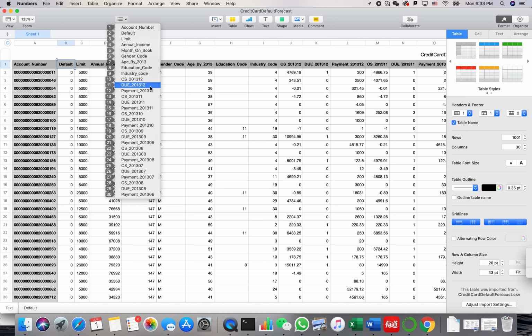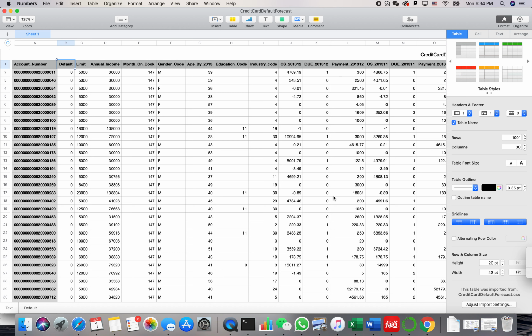The due means the number of days people didn't pay the money, that is, the due day. Payment means the max payment money every month. There are 7 months, and then we do the machine learning.